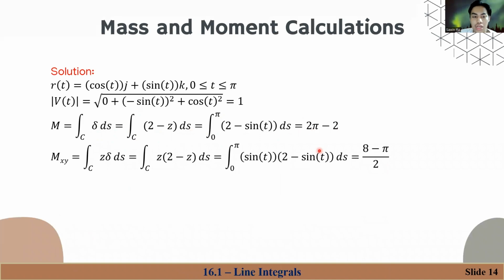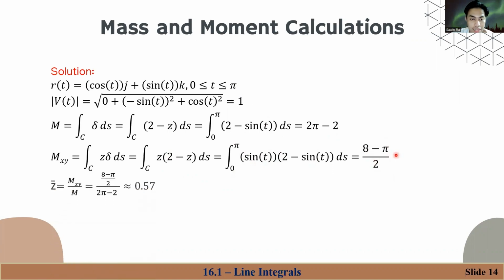Again, using the same procedure on the xy plane, we have to multiply the density by z. So when you multiply that density by z, you will add sine t to the integral, and we have a different answer for that, which is 8 minus pi over 2.